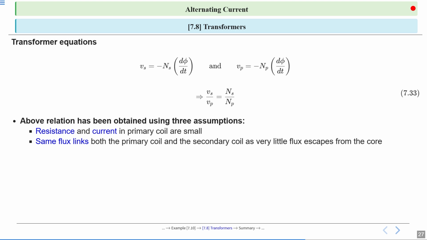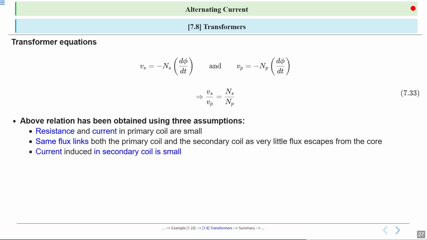In real condition, the flux linked with the secondary coil will be somewhat less than the primary coil. But we have assumed that for an ideal transformer, the same flux links both the primary coil and secondary coil, as very little flux escapes from the core. So this is the function of the soft iron core. Why are we using the soft iron core? So that flux leakage can be minimized.